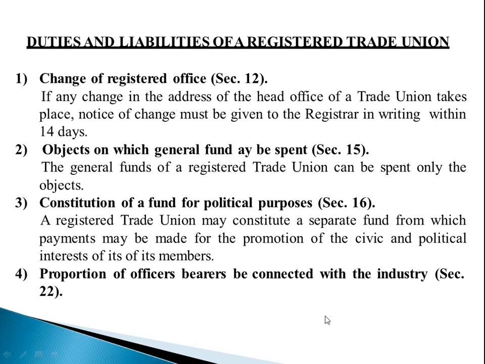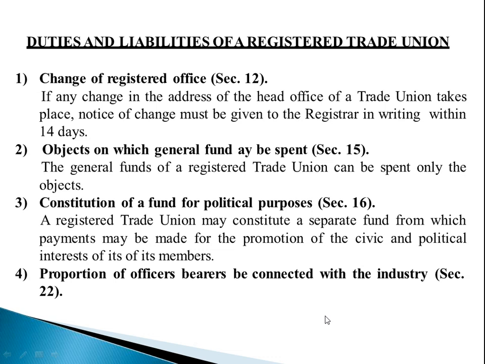Then the duties and liabilities. Whenever they form a trade union, the change of registered office has to be mentioned properly to the registrar. If they change the address, maybe changing the head office from one place to another, they have to give notification within 14 days of the change.